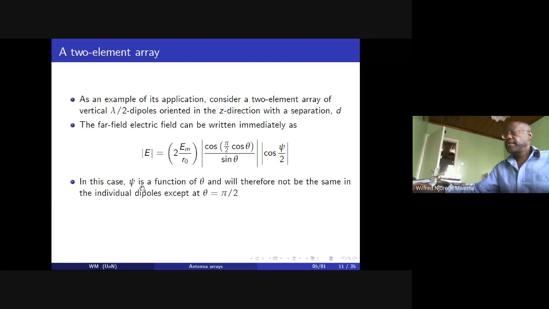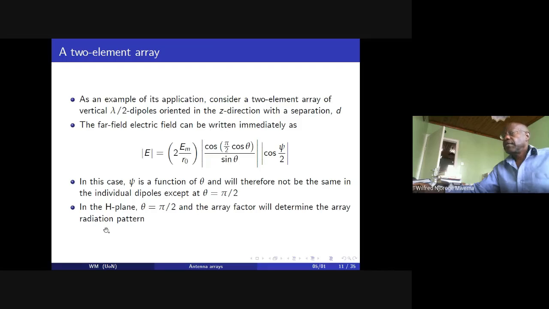So in this case, psi will be a function of theta as well, and will therefore not be the same as in the individual dipoles, except when theta is equal to pi by 2. In the H-plane, theta equal to pi by 2, and the array factor will determine the array radiation pattern.